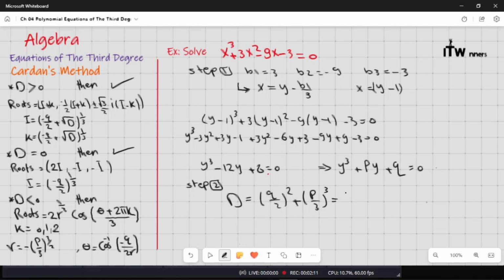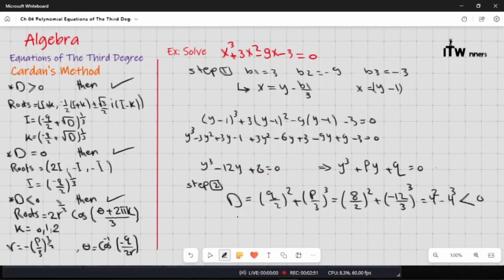Here q equal to 8 and p equal to negative 12, so that's equal to 4 squared minus 4 cubed. This will be less than 0. So we are here in the third case of the characteristic.